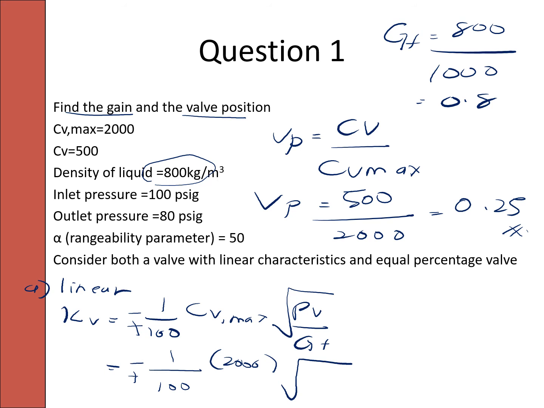So the difference would be 20, divided by 0.8. You may calculate together with me. The final answer would be 100. The value of kV would be 100. This is for linear.